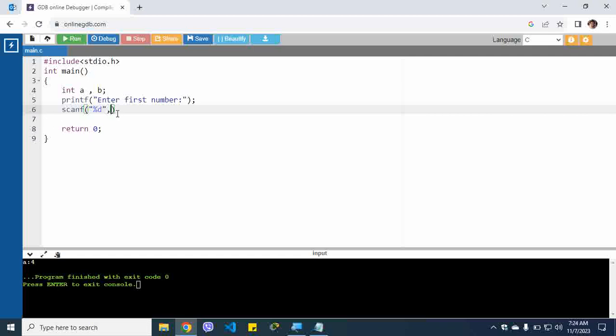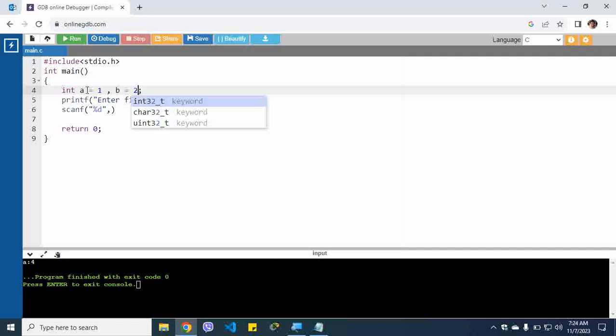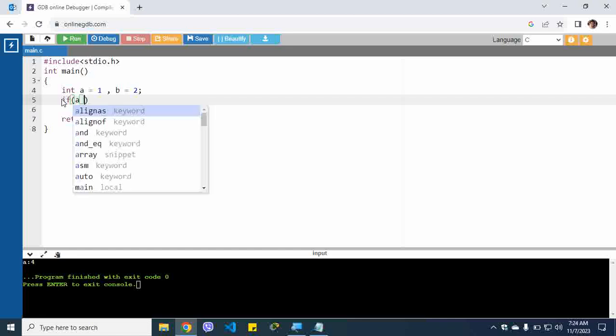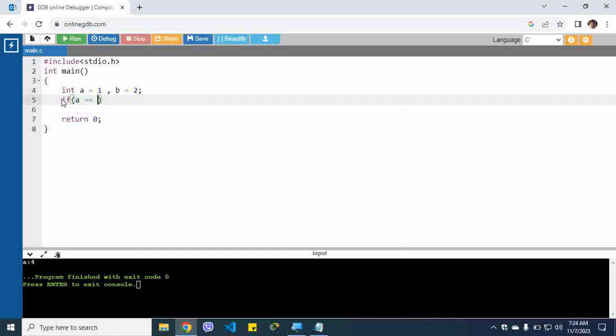So directly, first we'll see it directly. If a is equals to 1 and b is equals to 2, then we'll compare. The control structure syntax will come later, but let's see a equal to b, right?